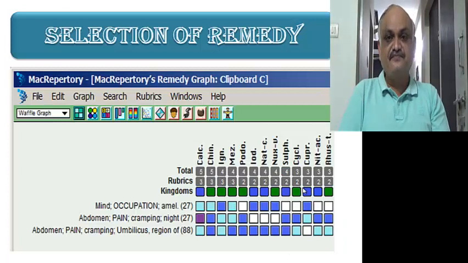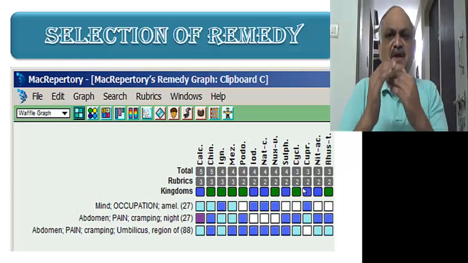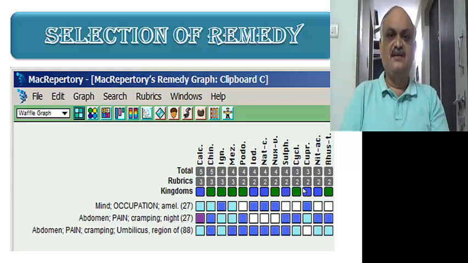But this time my focus is on selection of remedy, because when I go through thousands of your solved case exercises, I realized that the main difficulty of most of our participants is selection of remedy. It's not a problem to select the rubrics.